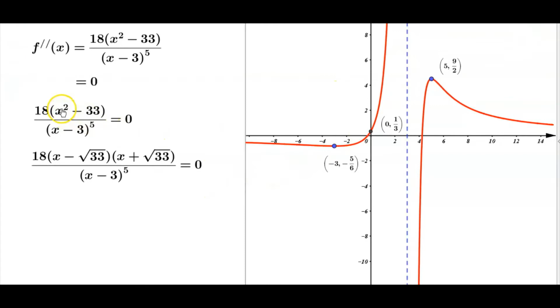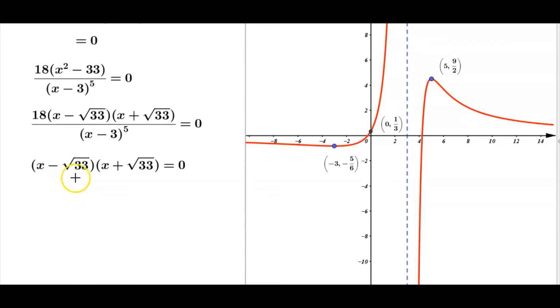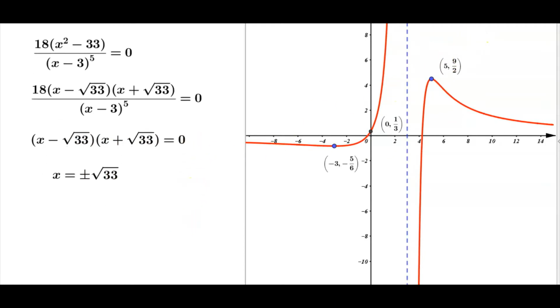Therefore, difference of squares, x minus root 33, x plus root 33, into 18. Denominator x minus 3 to the power 5 is equal to 0. Therefore, x minus root 33 into x plus root 33 is equal to 0. Therefore, x is equal to plus or minus root 33.